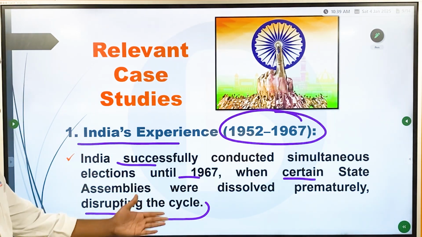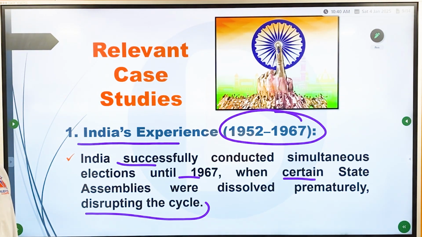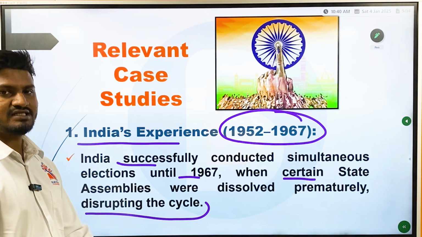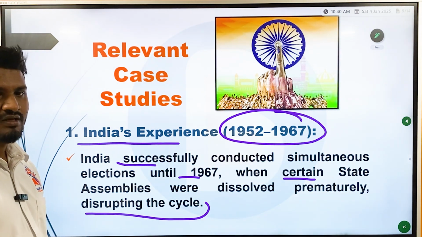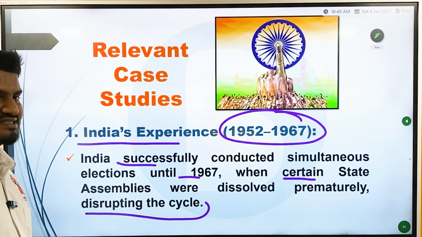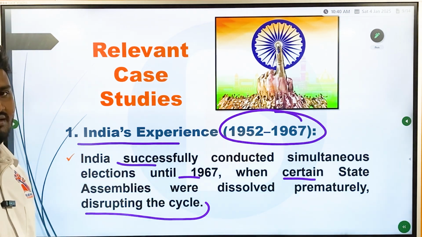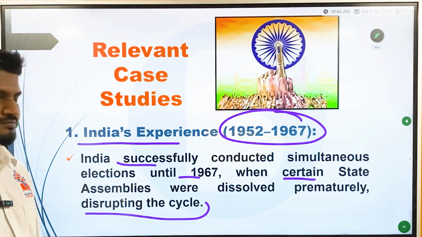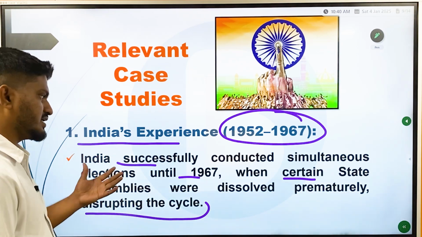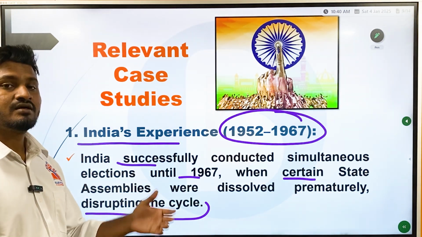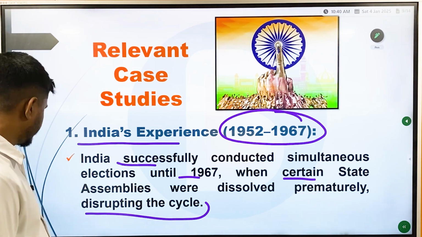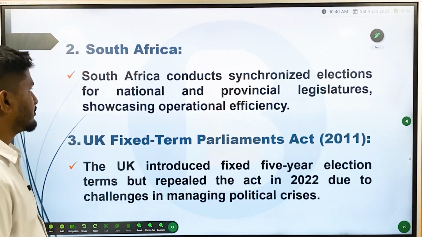Every 5 years there were elections, simultaneous for all the states as well as Lok Sabha. But due to premature dissolution of certain states, this cycle got disrupted. So we already have experience and expertise in conducting simultaneous elections back in the day, so we can revisit it now.